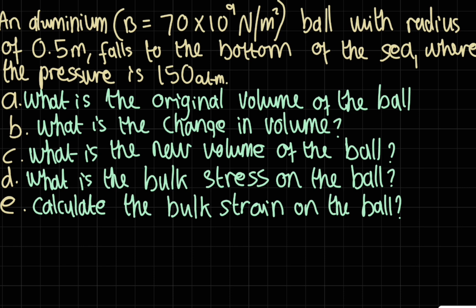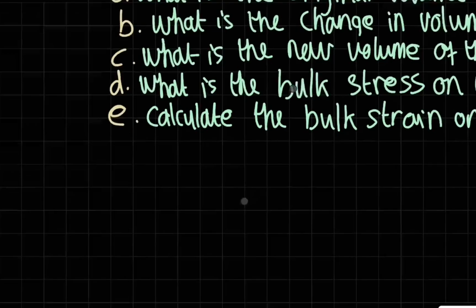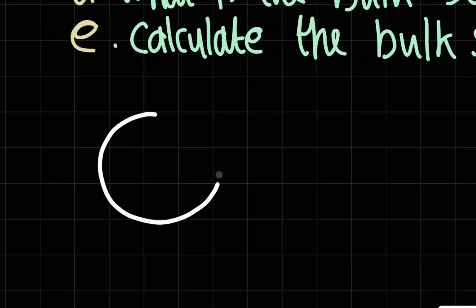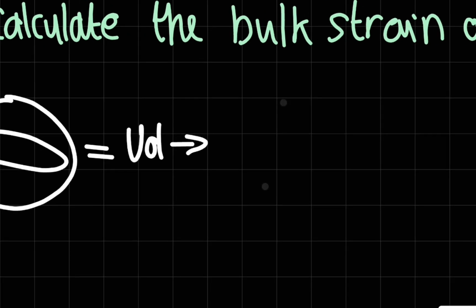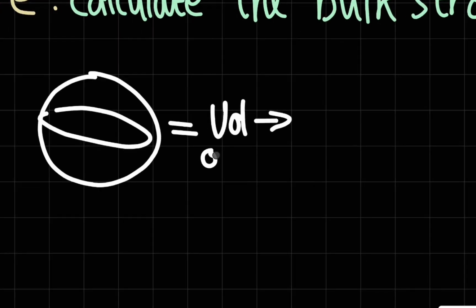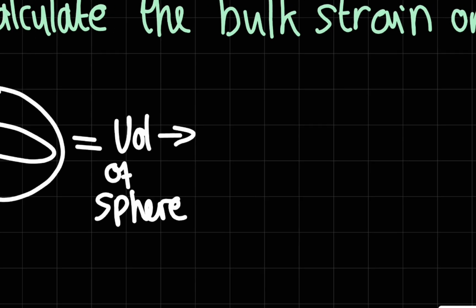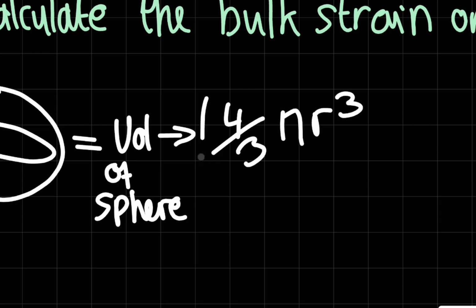Original volume means that the volume hasn't changed. So just draw a sphere here, and it should look a bit 3D. To know the volume of a ball or sphere, the equation is 4/3 pi r cubed.